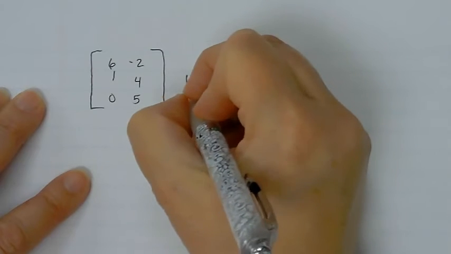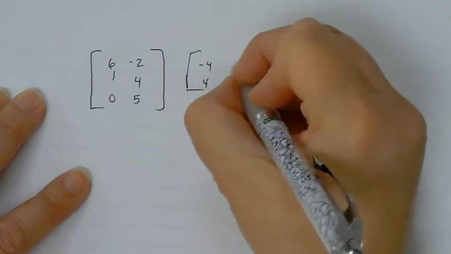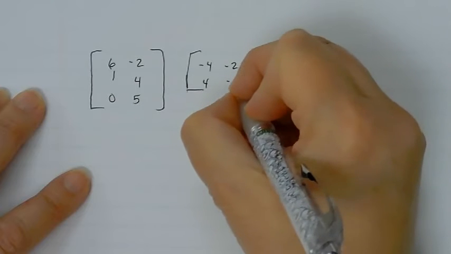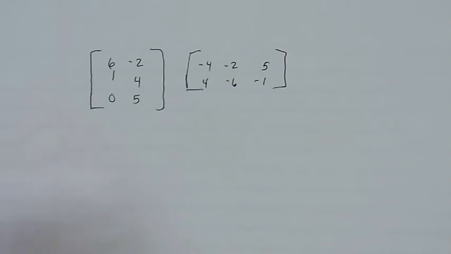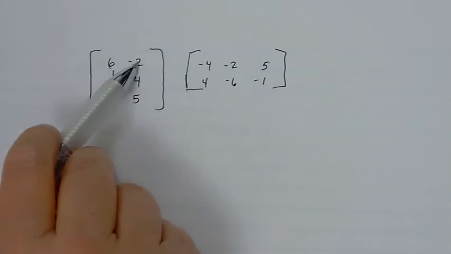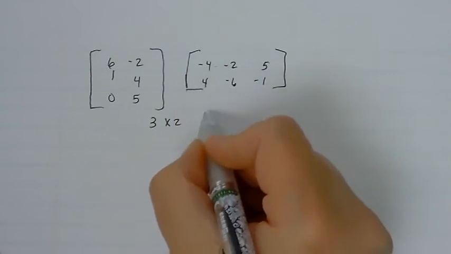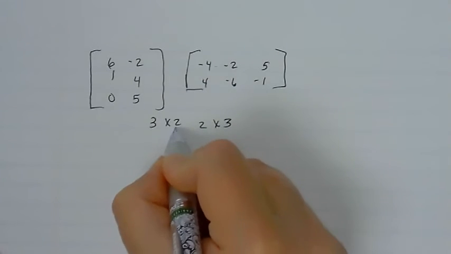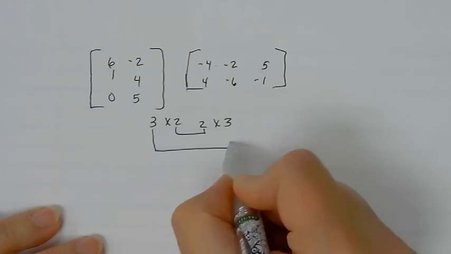And I want to see if that will multiply by negative 4, 4, negative 2, negative 6, and 5, negative 1. So let's think about the dimensions first of all. This one is a 3 by 2. And this one is a 2 by 3. So these two match up, so that means yes, they will multiply. And this time our answer is going to be a 3 by 3.